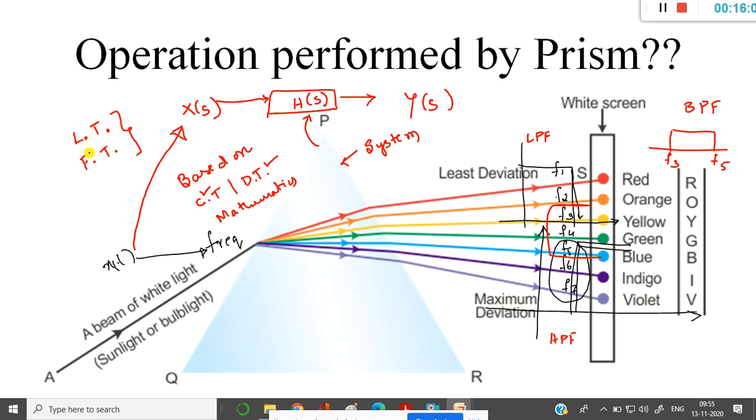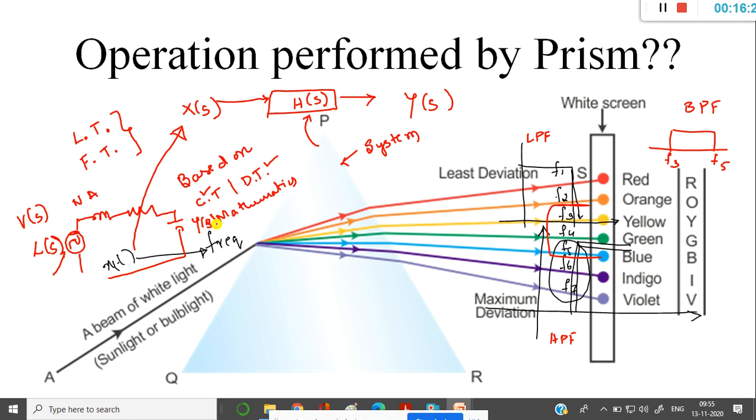Okay, so if you go back to your network analysis, the signal was continuous, right? Like this, and then you apply the Laplace transform for these types of signals, where the input was V of s and the output was Y of s. So you try to design such systems, Y of s by V of s, where V of s is a continuous time voltage, where the input was x of t or vi of t, and the output v out of t.